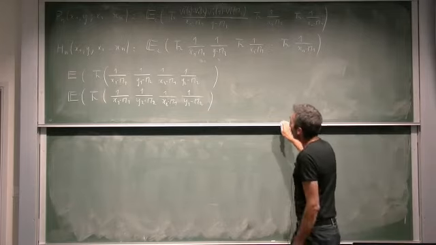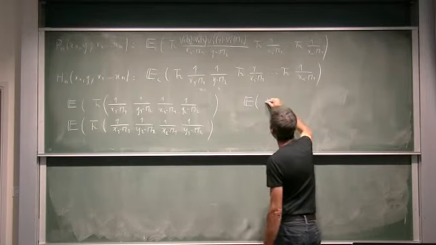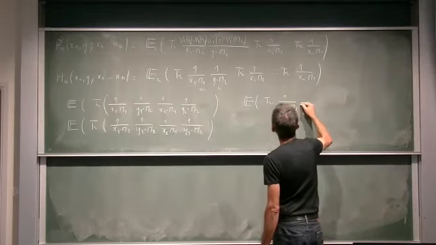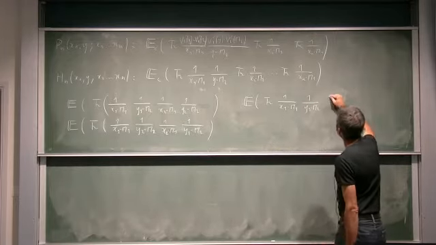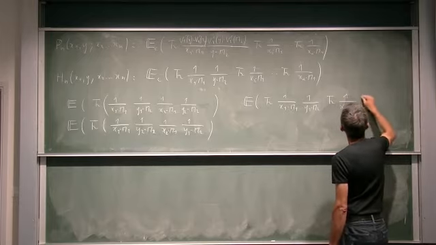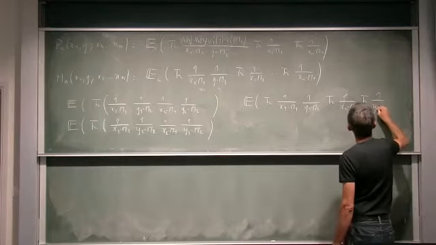We could also want to compute these ones: trace of 1 over X1 minus M1, 1 over Y1 minus M2, times trace of 1 over X2 minus M1, 1 over Y2 minus M2.